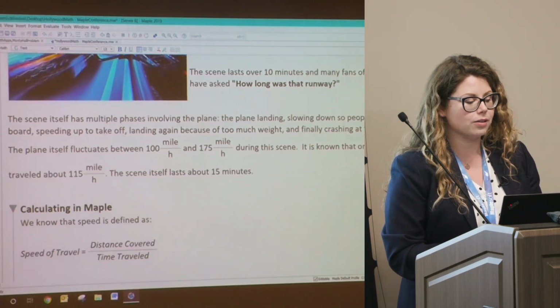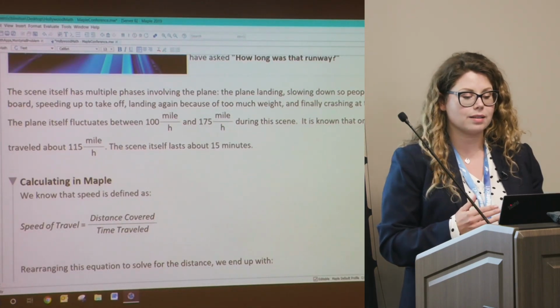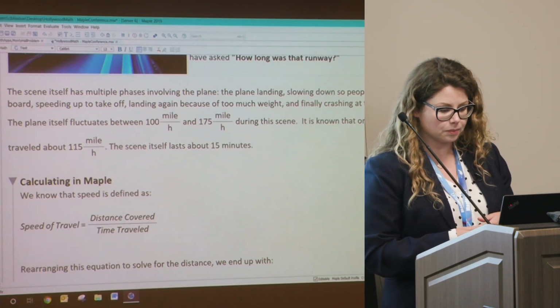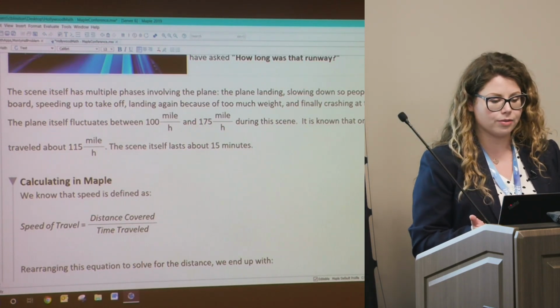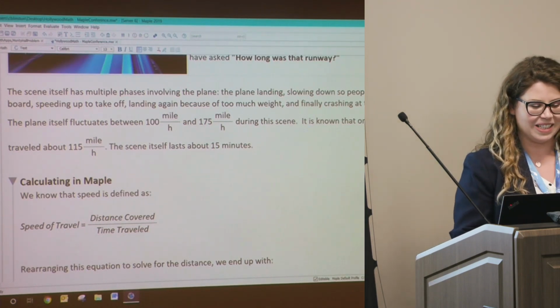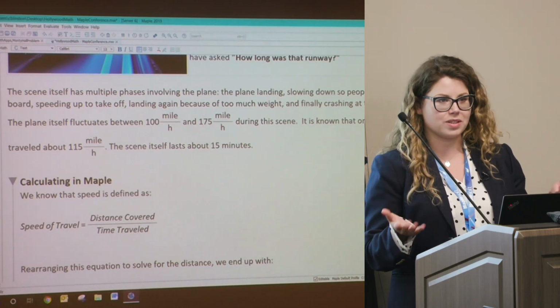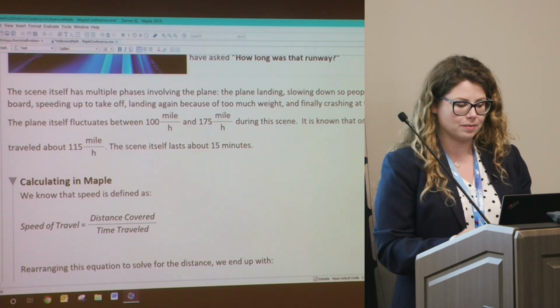The plane itself fluctuates between 100 miles and 170 miles per hour. But it's known that on average, because a lot of people have analyzed the scene, that it traveled about 115 miles per hour. And we're saying that the scene lasts around 15 minutes.